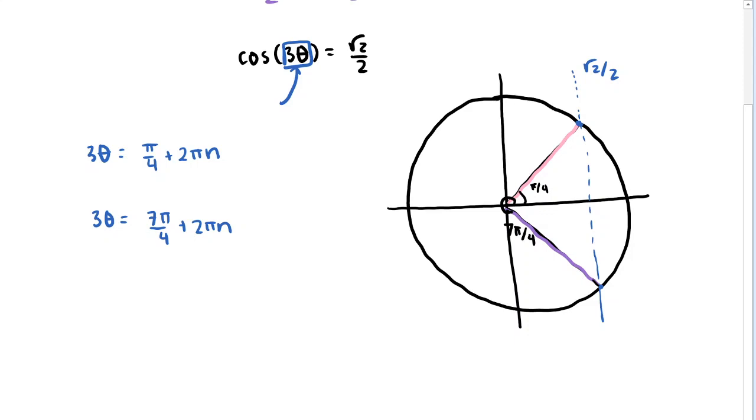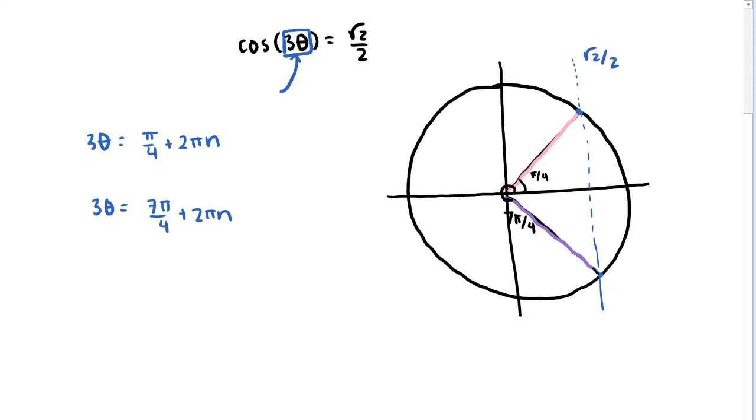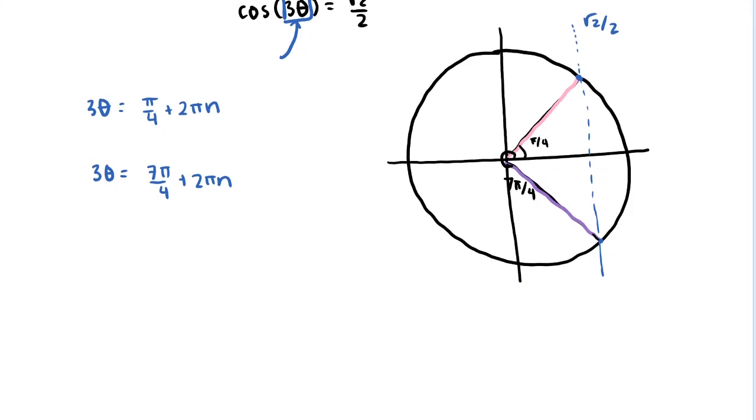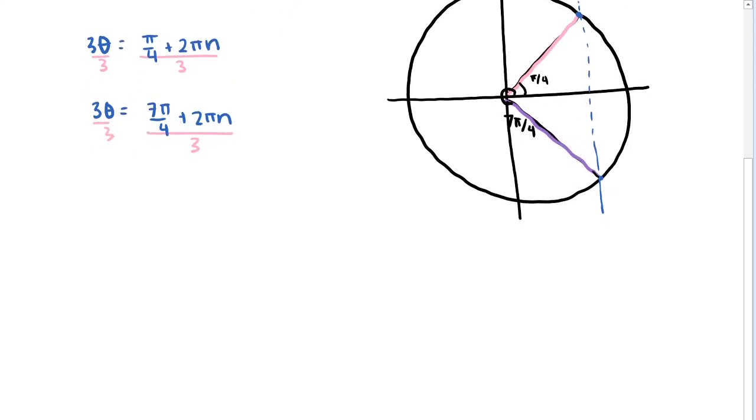And we don't want 3 theta, we want to figure out exactly the values of theta itself that make this equation true. So here, what we need to do is divide both sides of both of these equations by 3. And so this brings us to theta is equal to, well, pi over 4 divided by 3 is pi over 12, plus 2 pi over 3 times n.